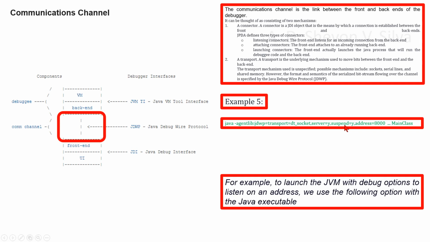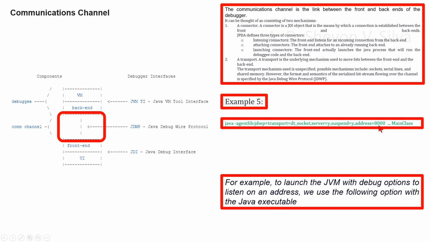Address suboption: transport address for the connection. If server equals n, attempt to attach to the debugger application at this address. If server equals y, listen for the connection at this address.